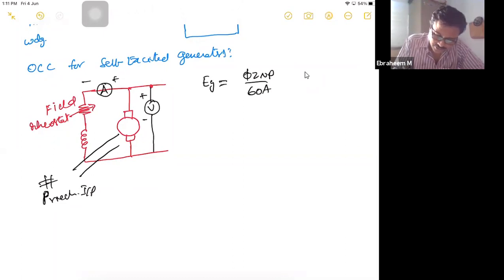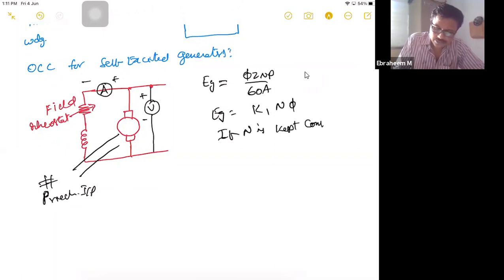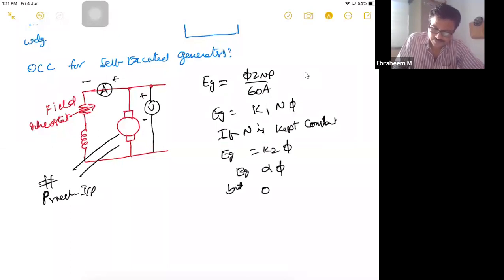So in the morning also I told you Eg is equal to some K1 into N into phi, and here if N is kept constant, you will have Eg is equal to some K2 into phi. That means Eg is proportional to phi, but phi is proportional to If.